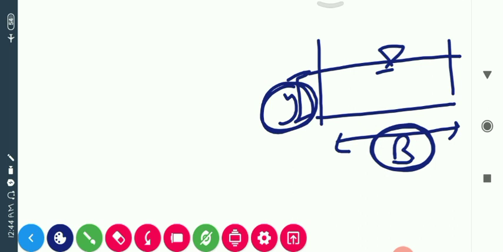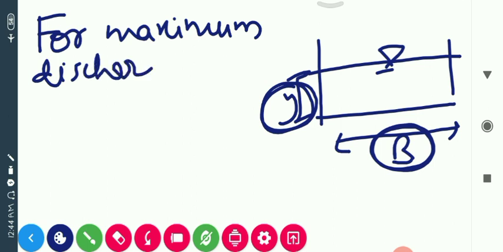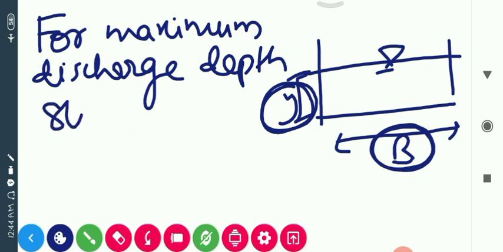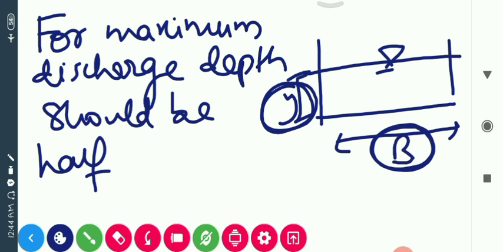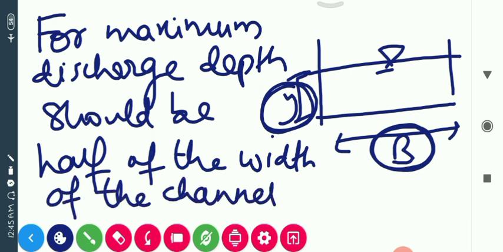Okay, so if we write in a language, for maximum discharge, the depth should be half of the width of the channel section.